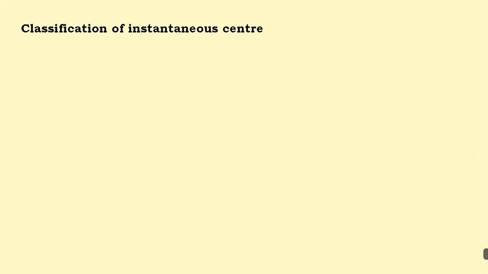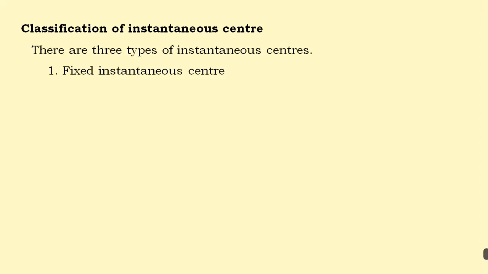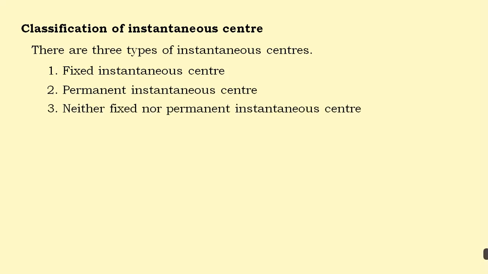There are three types. One is the fixed instantaneous center, the second one is the permanent instantaneous center, and the third one is the neither fixed nor permanent instantaneous center. Okay, these three are considered only for our convenience, rather than getting confused about the different centers of rotation.